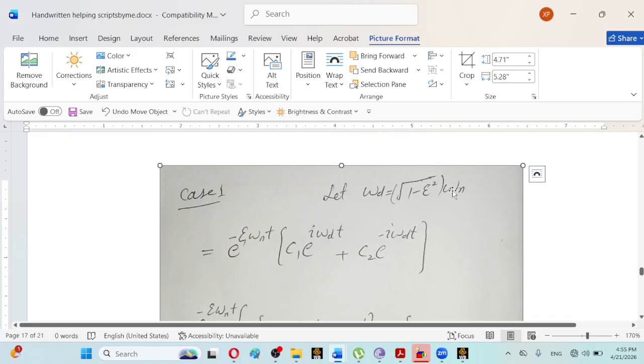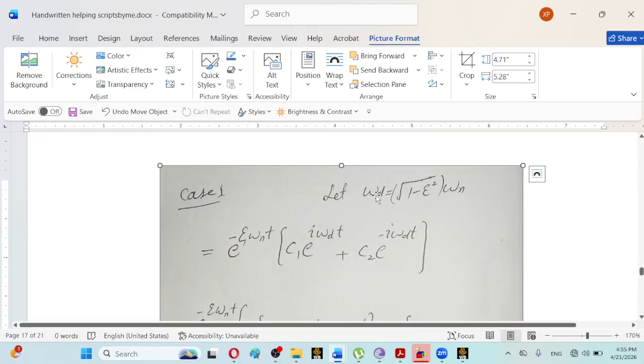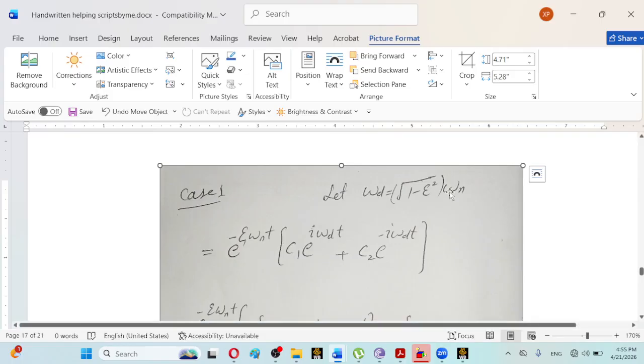We can also state it like this: for example, in 1 second, if the natural undamped system has made 5 oscillations, the damped system will make fewer than 5 oscillations, perhaps 4 or 4.5. In a similar manner, the time period of oscillation is always the reciprocal of omega d.